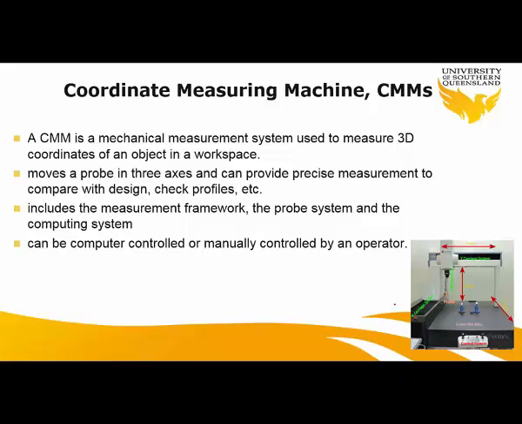The one you can see on the right hand side, in this image, is the fixed one, which can be used for small scale objects in metrology. We have X, Y, and Z axes. You put the small scale object in and it can measure the coordinates for you using this probe, which can move and give you the coordinates.